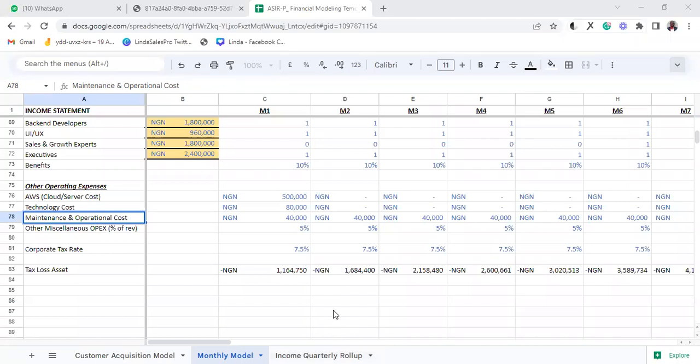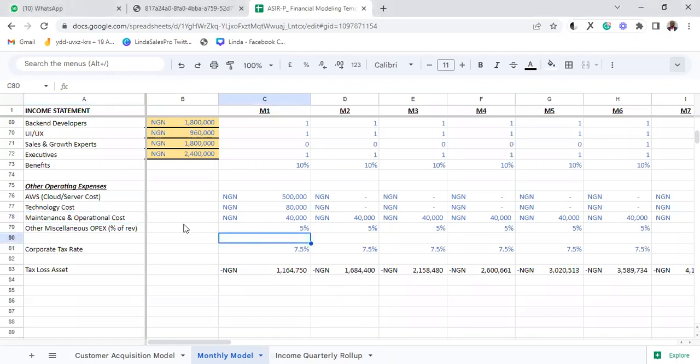I believe it's been clear so far and you can play around with it once you have your own model. Because of these network issues and because of time, I'm going to move to the last tab, which is this.